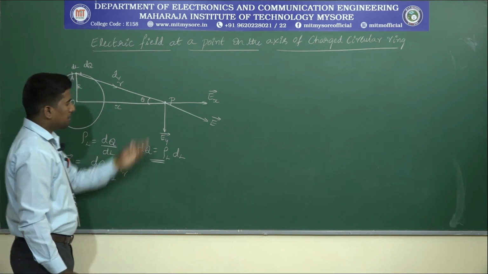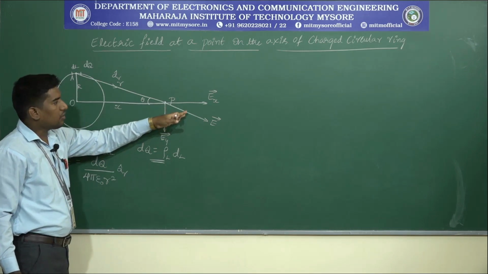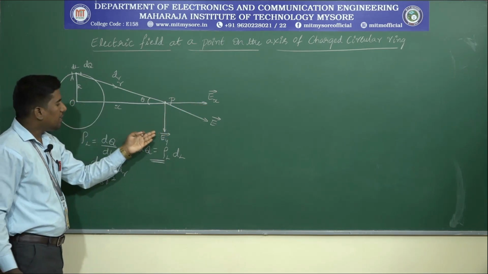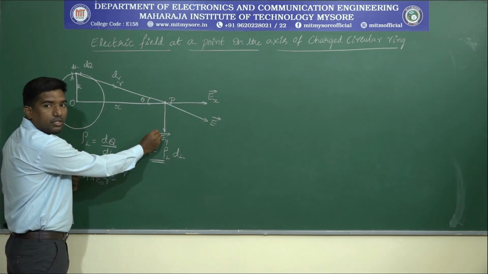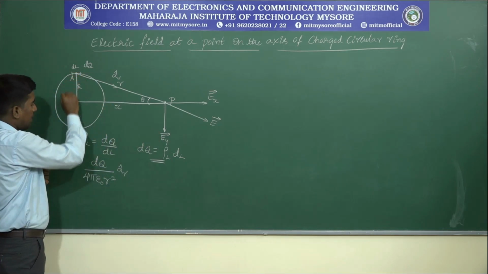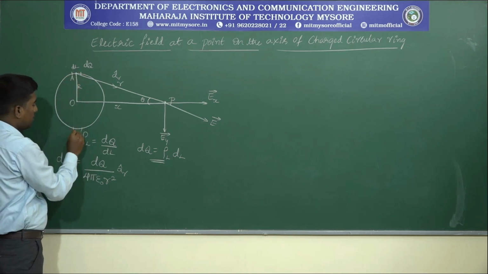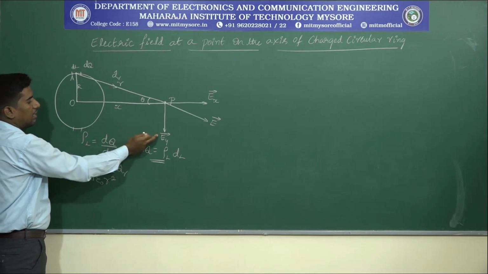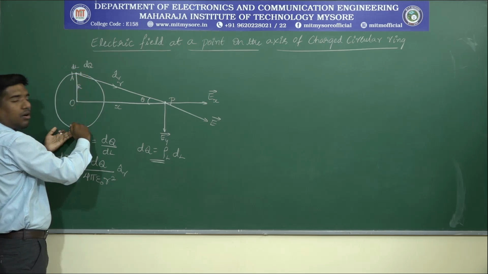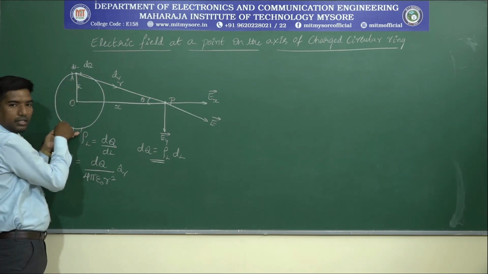Now the total electric field intensity E is the sum of the resultants Ex and Ey. But here Ey is considered to be 0, because if we consider the exactly diametrically opposite point to this dl, the Ey component there acts in the opposite direction. These two components cancel each other because they have opposite directions with the same magnitude.